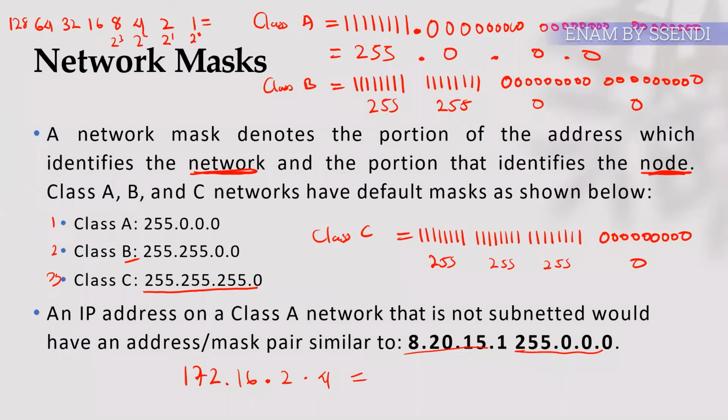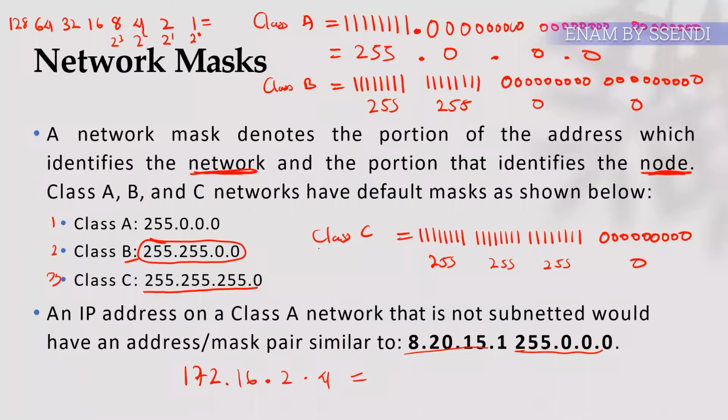Class B has how many network bits? Yes, 16 network bits. So our default subnet mask would be 255.255.0.0. Very good. It would be this one, isn't it?